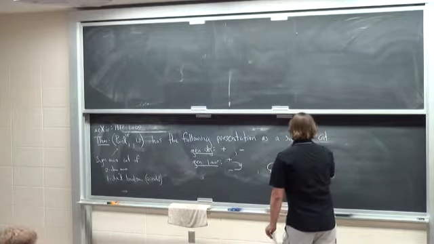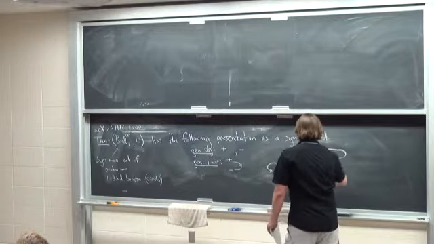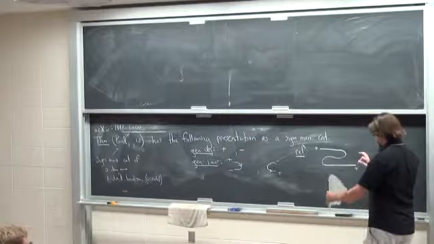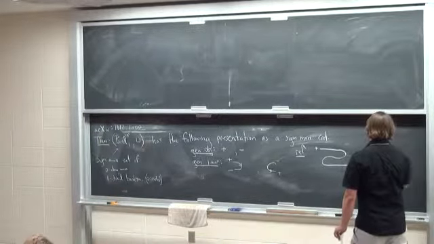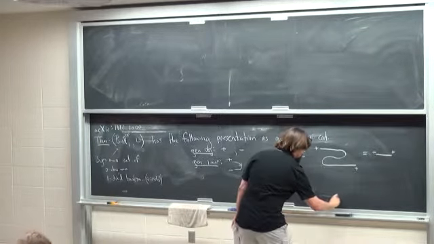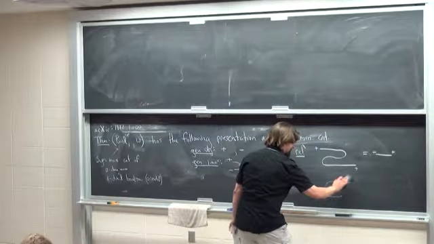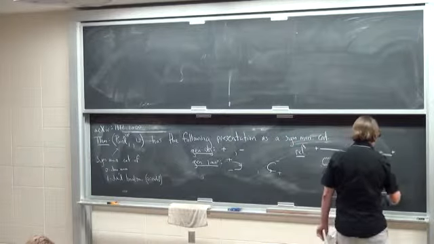If you start with a plus point and form the following cobordism by gluing on these 2 guys, this is the same as the identity on the plus point. And conversely, if you start with a minus point and build this cobordism, that's the same as the identity there.